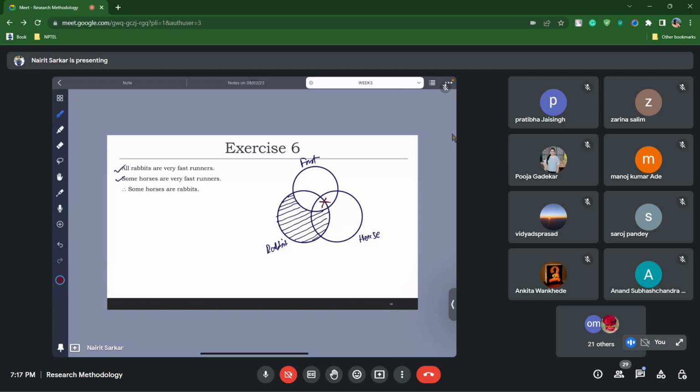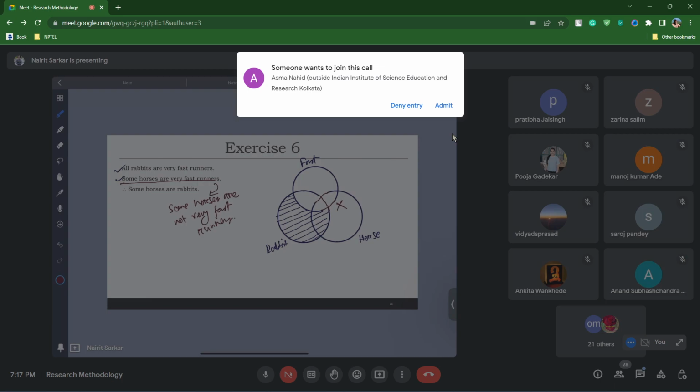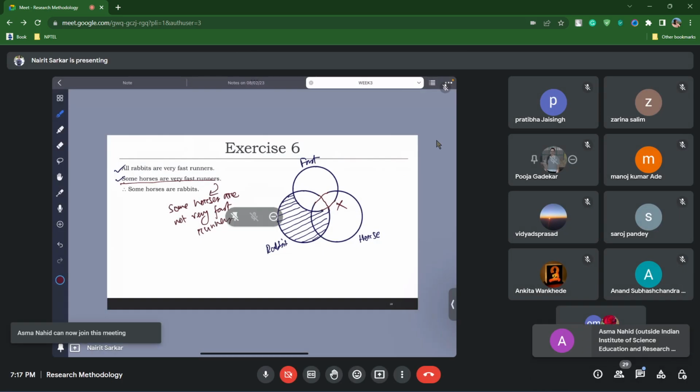So if I draw it like some horses are not very fast runners, in that case we can put X here, and so it becomes invalid, that some horses are rabbits.